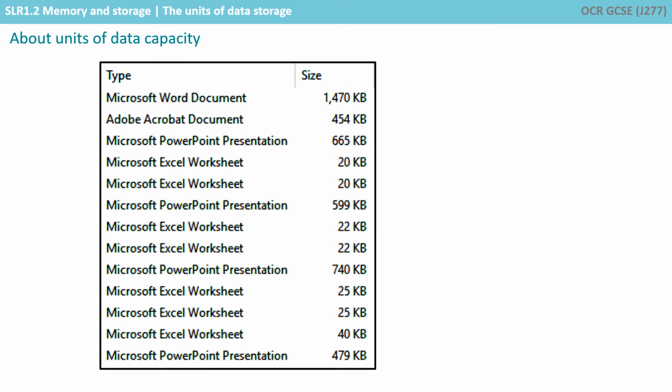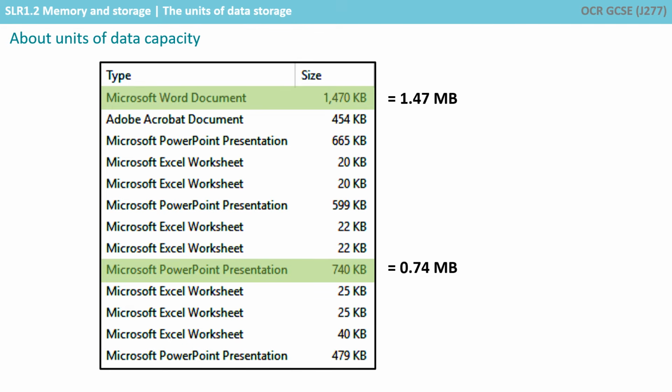Okay, so let's look at some real examples. Here we can see a list of files in a typical file storage system. We've hidden the file name so we can focus on what's important. If we take the top one, we have a Microsoft Word document, which is 1,470 kilobytes. If we wanted to know what that was in megabytes, then we're going to divide by 1,000. So that's 1.47 megabytes.